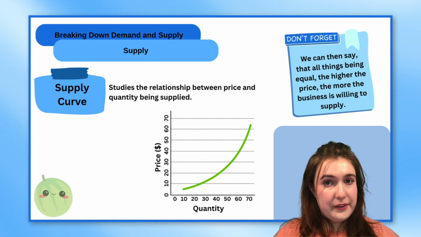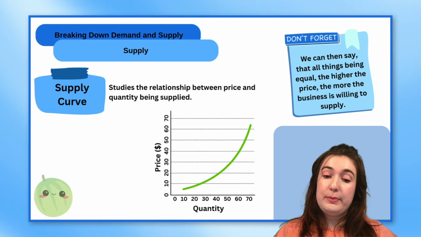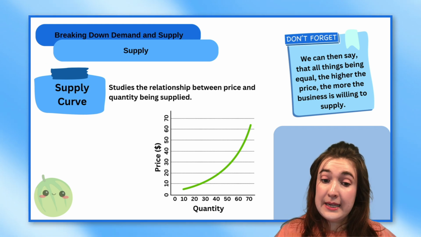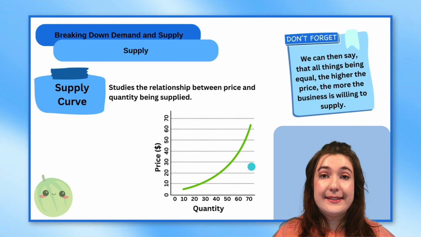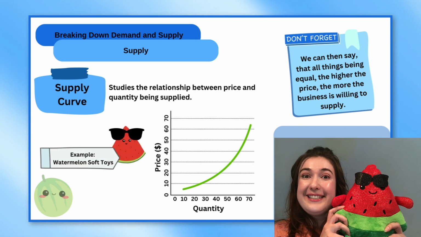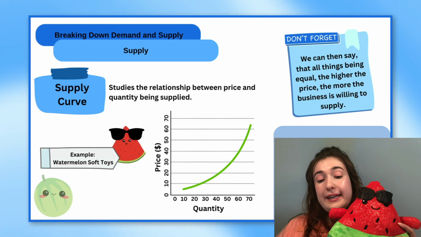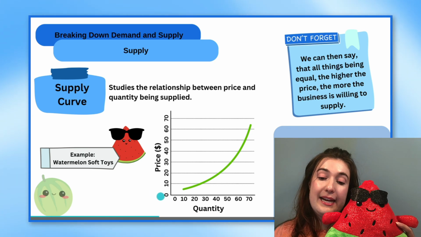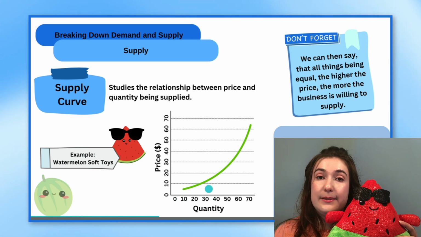Now let's look at a different example. Let's say that our supply curve is slightly moved, and let's say that this time, instead of blueberries, we are selling watermelon plushies. Yes. So let's say that here on the supply curve, we are going to be selling 10 of these.